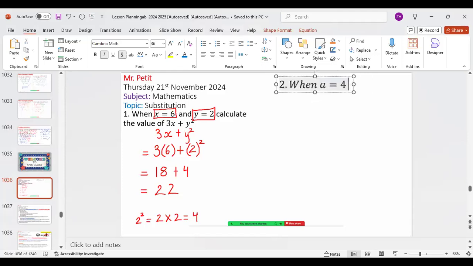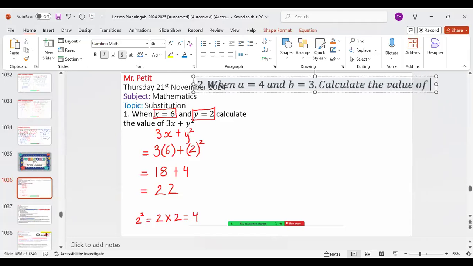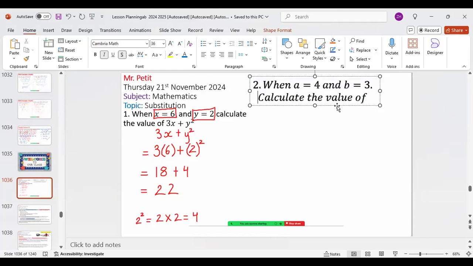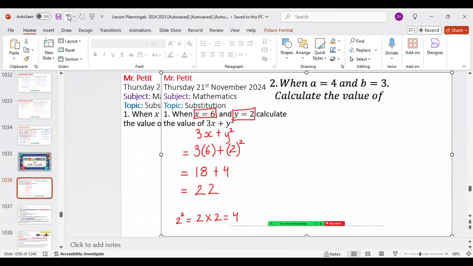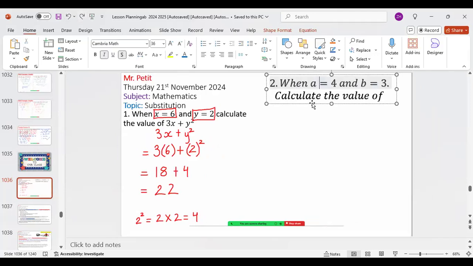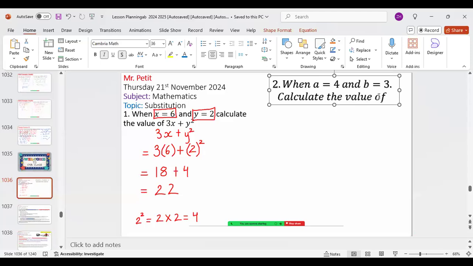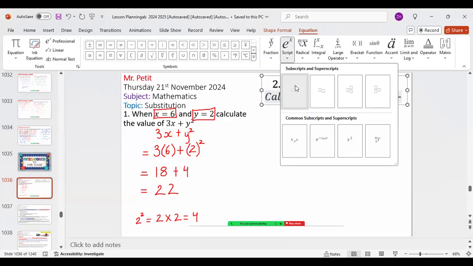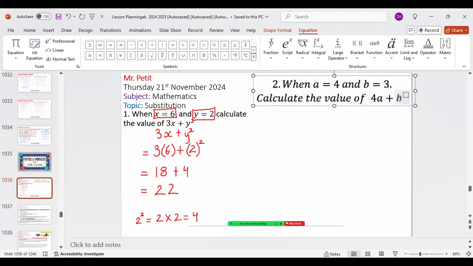So when A is 4 and B is 3, calculate the value of 4a plus b squared.